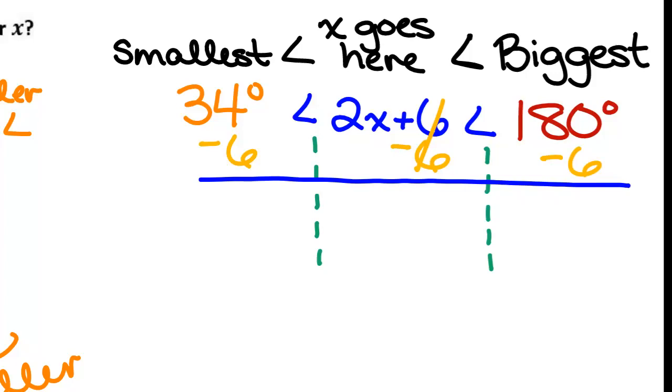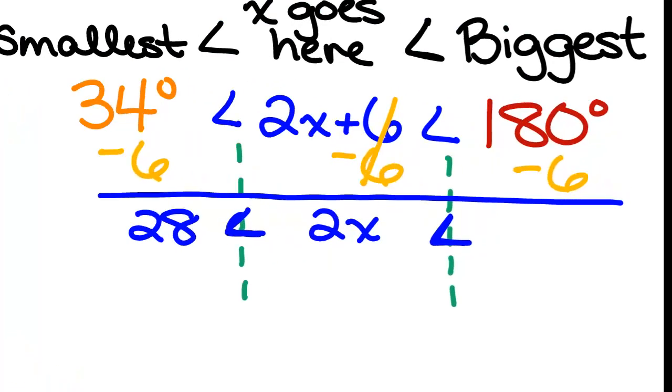What do I still have in the center? 2x. Bring down the inequalities. What do we have on the left? 28. What do we have on the right?